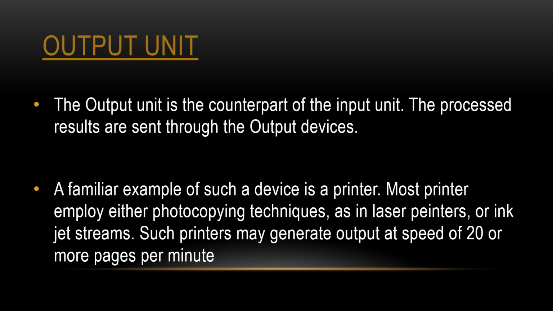Most printers employ either photocopying techniques, as in laser printers, or inkjet streams. So inkjet and laser are the two types of printers, and they are able to generate 20 or more pages per minute. That is their printing speed.